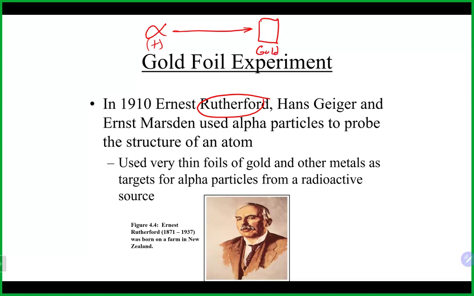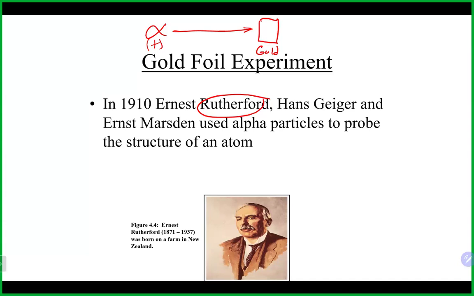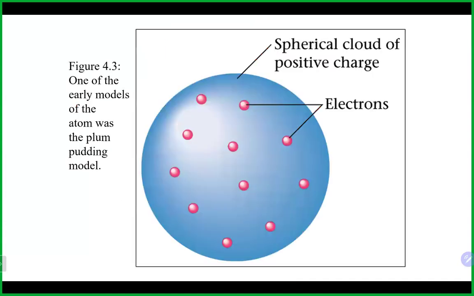Now, what Rutherford assumed would happen and what he actually saw happen during his experiments are two different things. What Rutherford was going off of was this plum pudding model, in which this is all of our positive charge here.